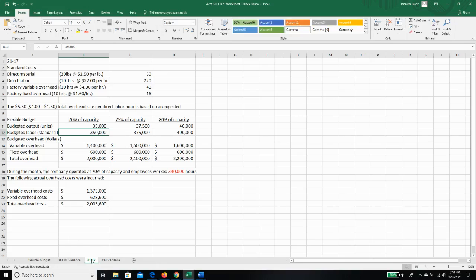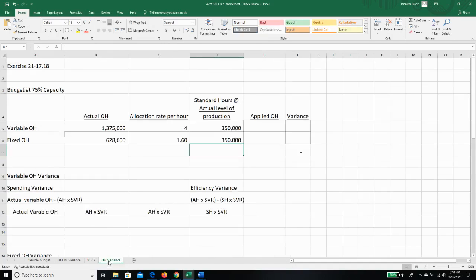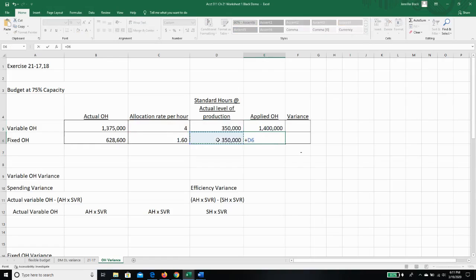Again, we know our actual level of operation was 70% capacity, so we find the standard at 70% capacity, and that becomes our standard hours at actual level of production. So if that's the case, then our applied overhead would be the standard hours times $4 and standard hours times $1.60.